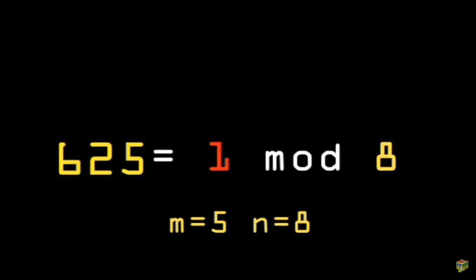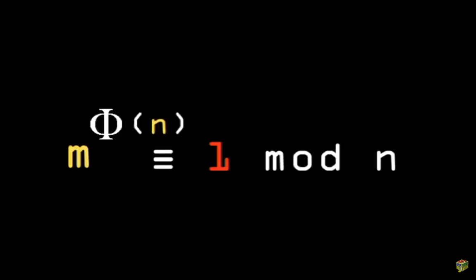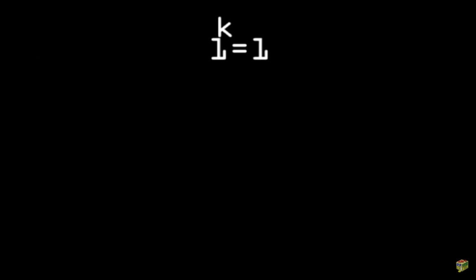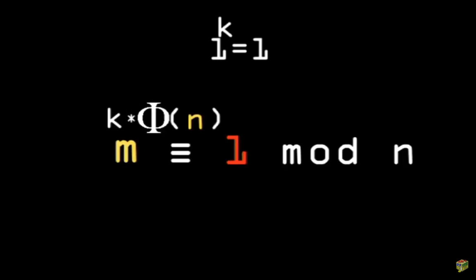Now, we just need to modify this equation using two simple rules. First, if you raise the number 1 to any exponent k, you always get 1. In the same way, we can multiply the exponent phi n by any number k, and the solution is still 1. Second, if you multiply 1 by any number, say m, it always equals m.